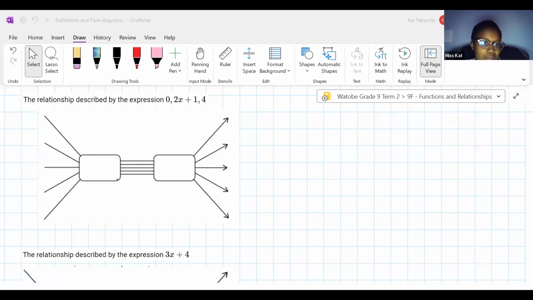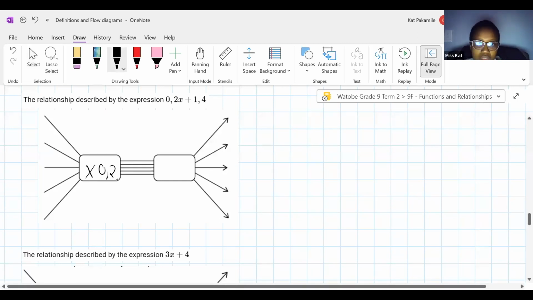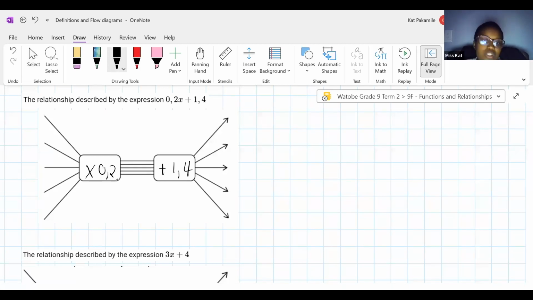Means whatever we're going to input on this side, we're going to have to multiply by 0,2. And then after that, we have to add 1,4. So let's pick a few inputs and see what we get. Give me a few inputs in the chat.